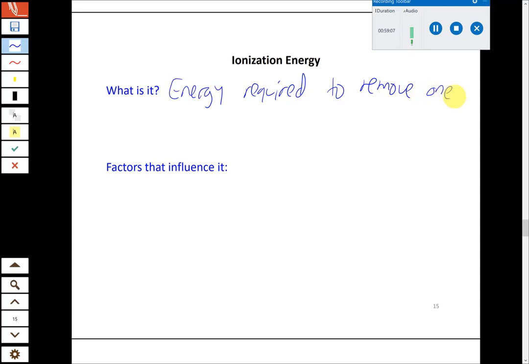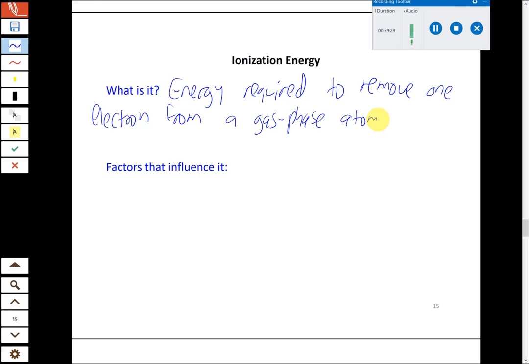That's basically where you're taking n up to infinity, removing the electron completely. And it's going to be also defined for any other multi-electron atom, which is the amount of energy required to remove one electron. And specifically, it's from a gas phase atom. That's not terribly important, but that's just how it's defined, and that's where the periodic trends really hold true.